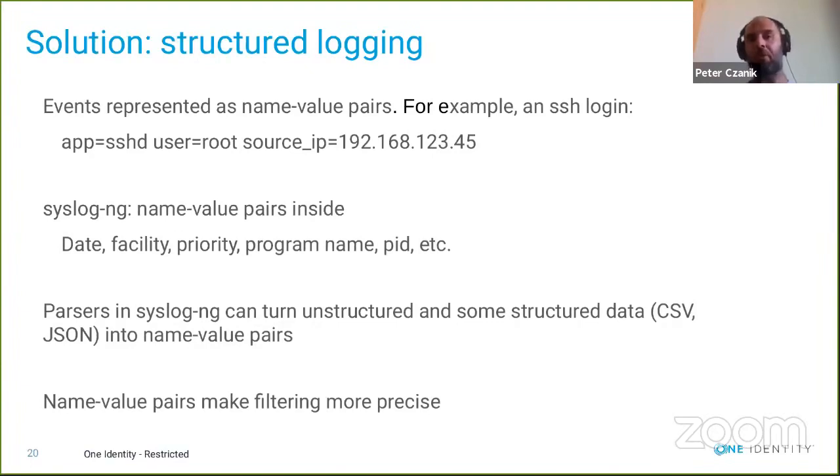But if the message is parsed and you see that it's a login by root, then you can act on this message and create an alert, for example, to receive an email or a Slack message as soon as root logged into somewhere.